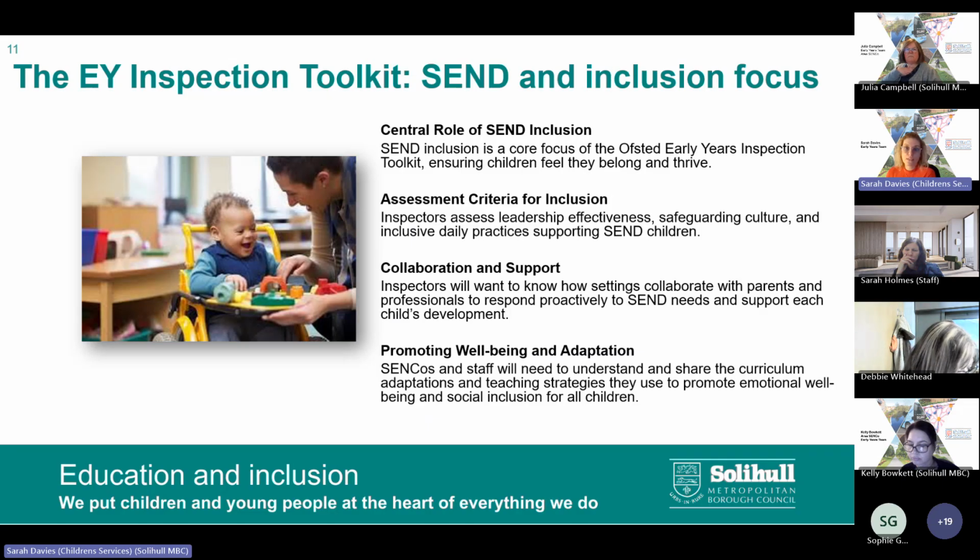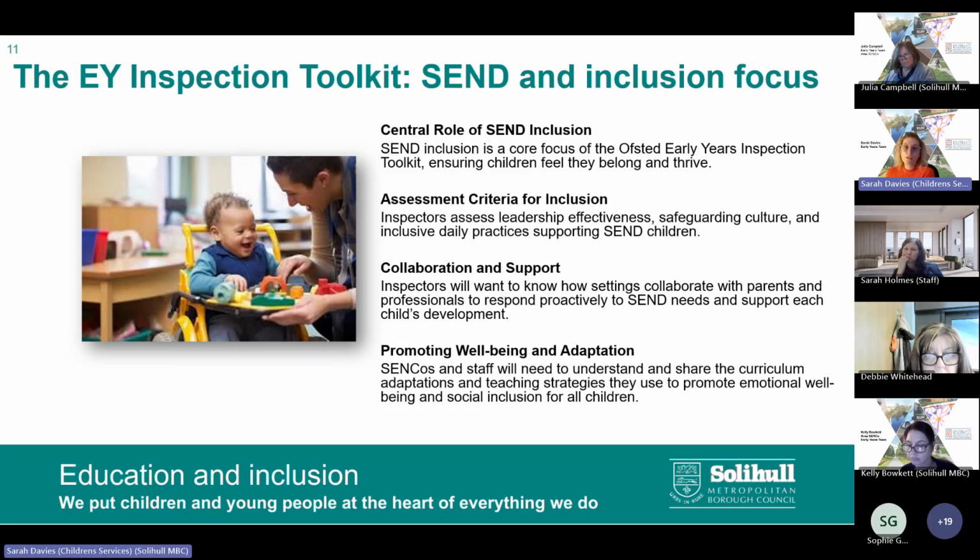One of the ways inspectors do this is through case sampling. During the initial planning call, children are selected for a more in-depth look at what it's like for each child in your setting and how you ensure that they are fully included in all aspects of your provision.